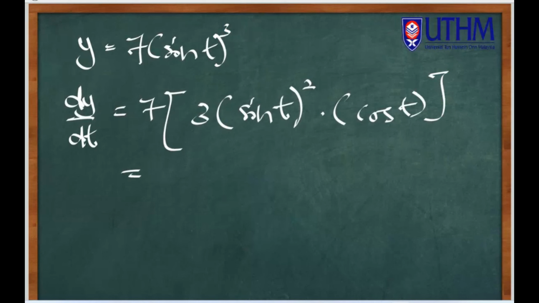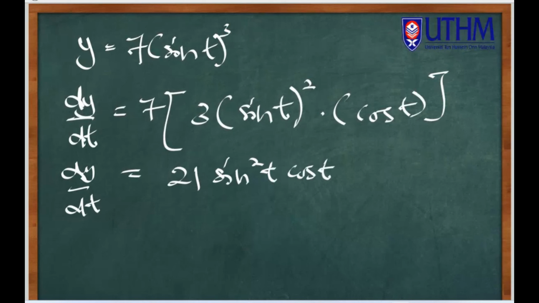So finally dy/dt is equal to 21 sin squared t cos t.